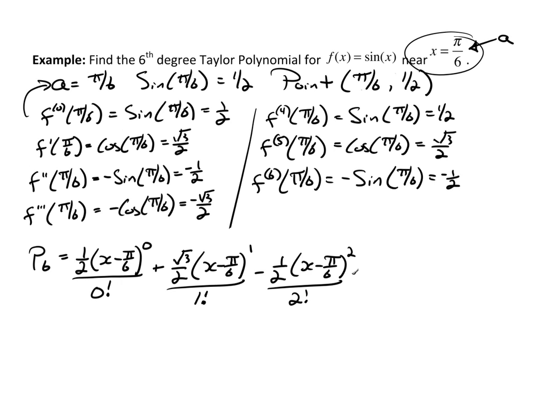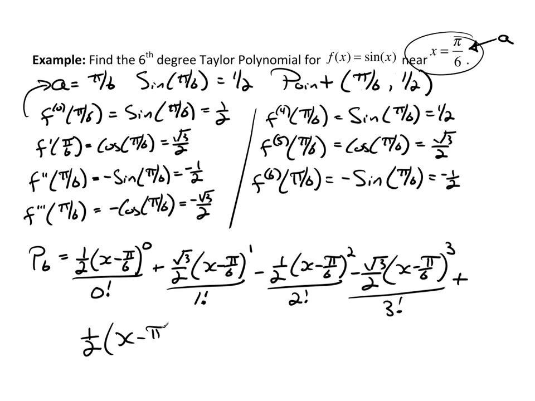F triple prime was minus root 3 over 2, so that's times (x minus pi over 6) cubed over 3 factorial. Then I need the fourth derivative, which is going to be plus 1/2 (x minus pi over 6) to the 4th over 4 factorial.